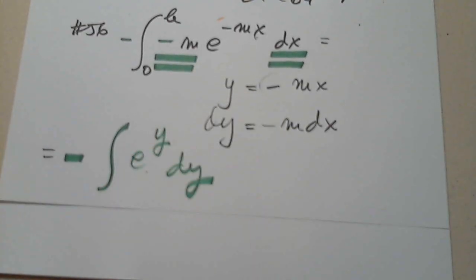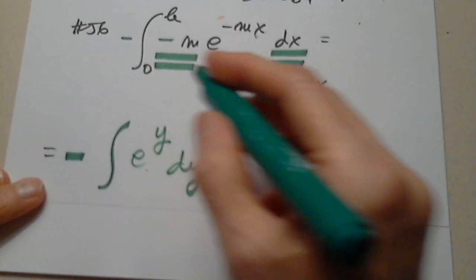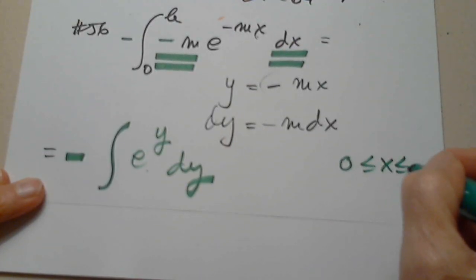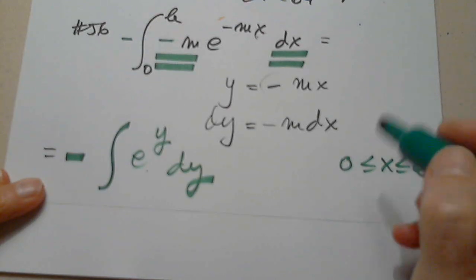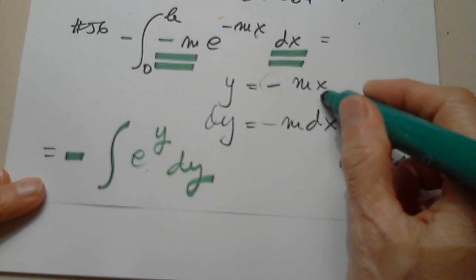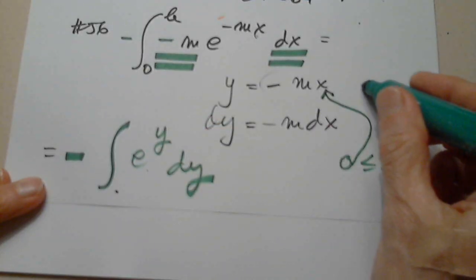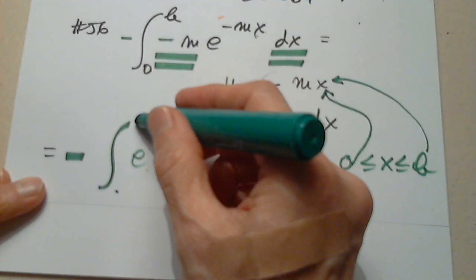That's exactly it. Awesome. So now, remember, x is between 0 and b. So when I replace x by 0, I get the lower limit for y. When I replace x by b, I get the upper limit of y.